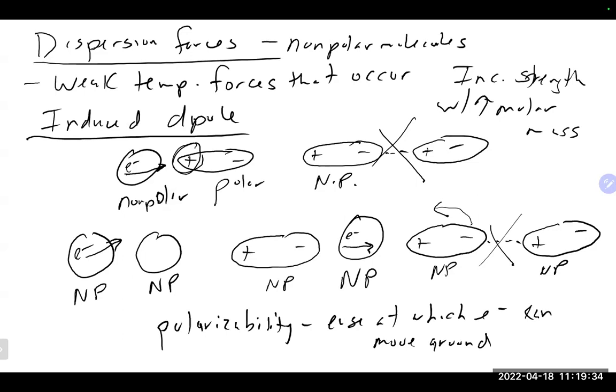The reason for that is if you have a higher molar mass, you most likely have more elements involved. More elements involved means more electrons, and more electrons means it's a lot easier for them to move around, create these temporary charges, and interact with each other.